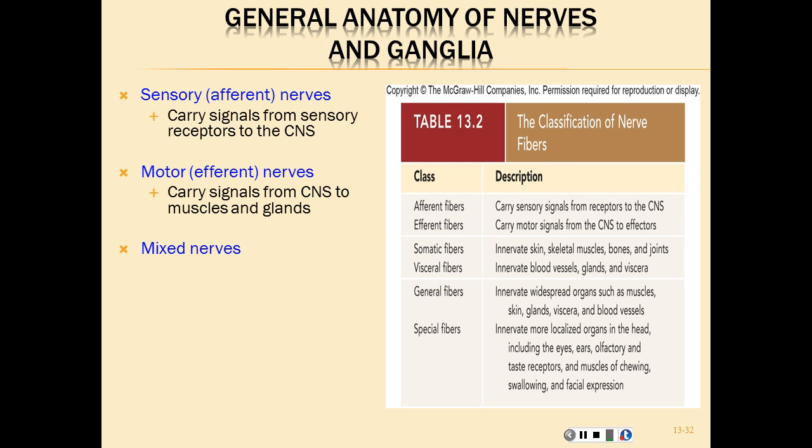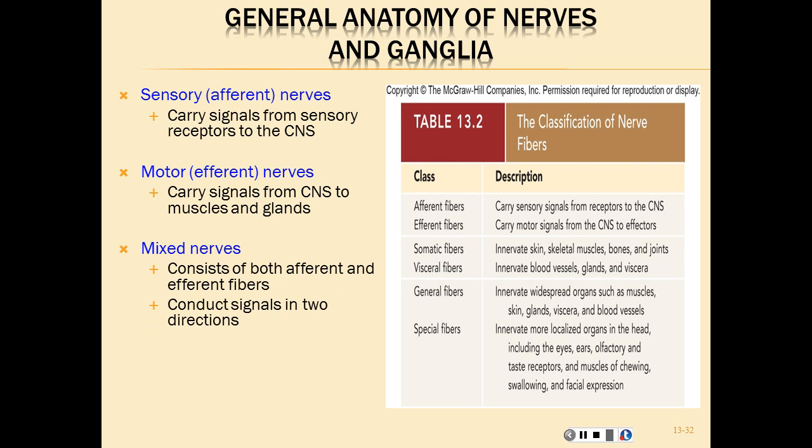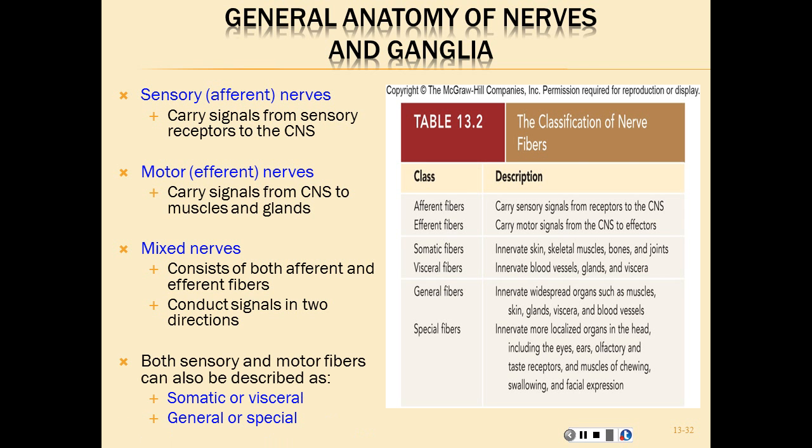The motor nerves carry only efferent fibers. And most nerves are mixed nerves consisting of both afferent and efferent fibers, which each conduct signals only one way. Well, in two ways, sorry. And both sensory and motor neurons can also be described as somatic, and of course general and visceral.